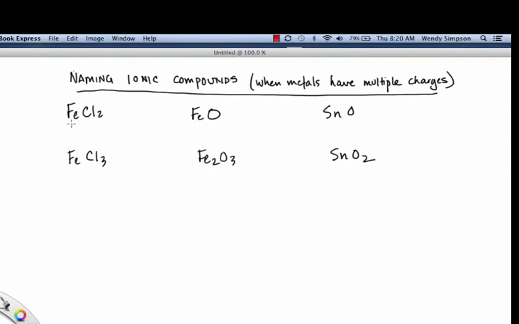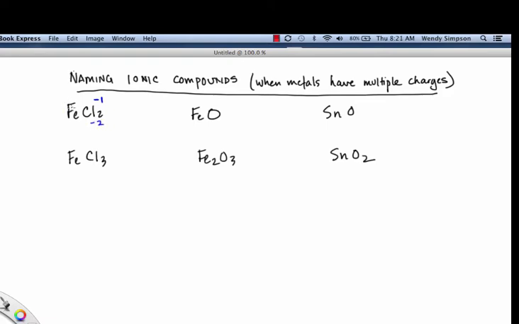To figure out the charge on the cation, it's easiest to do the anion first, because anions only have one charge. Chloride, for instance, always has a -1 charge. And we can see that there are 2 chlorides here. So therefore, the entire charge on the chloride ion would be -2.